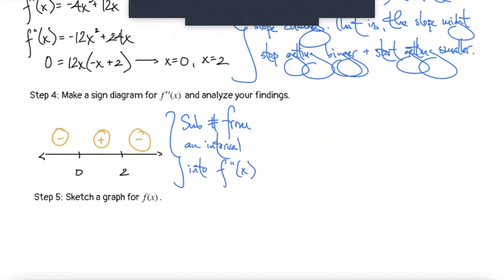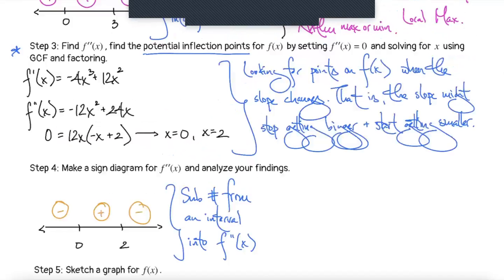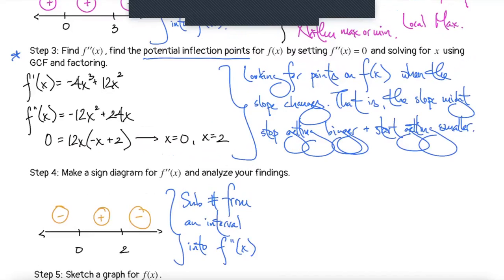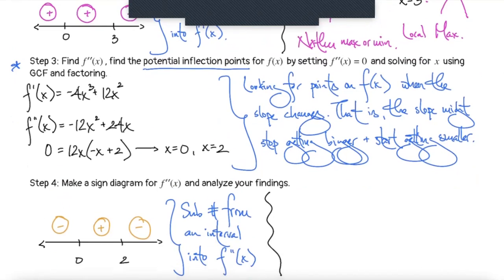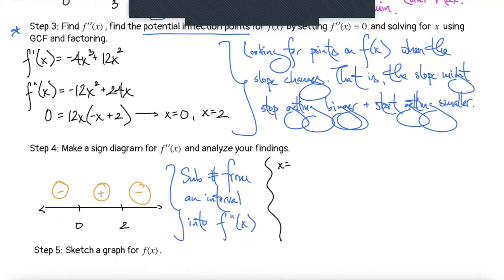Okay, so we're looking to sub these numbers into f double prime of x. Now for our analysis. Okay, so for our analysis earlier, we just listed out the points, we drew a little mini picture, and then we just described what was happening. Okay, so we're going to do the same thing here. We'll have x equals 0, and we'll have x equals 2.